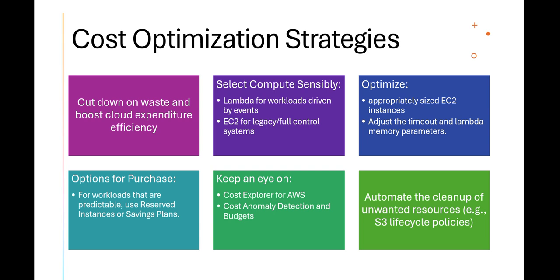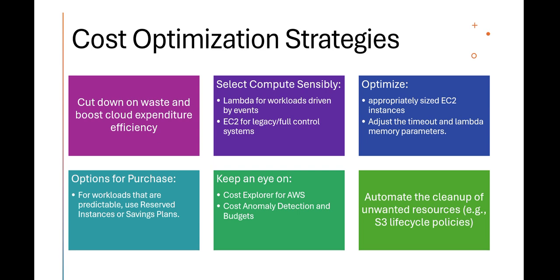And here are some cost optimization strategies. Cut down on waste and boost cloud expenditure efficiency. Select compute sensibly: Lambda for workloads driven by events, EC2 for legacy full control systems. Optimize appropriately sized EC2 instances, and adjust the timeout and Lambda memory parameters.